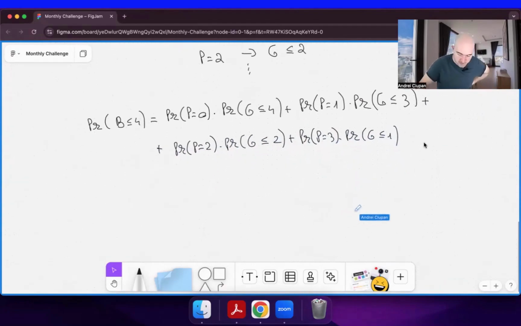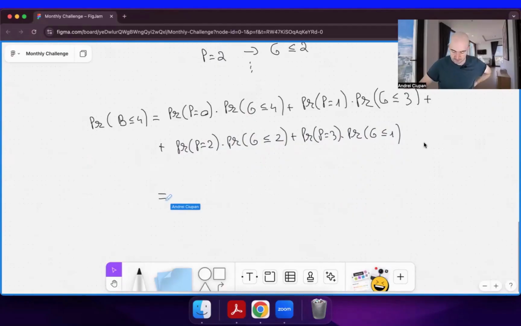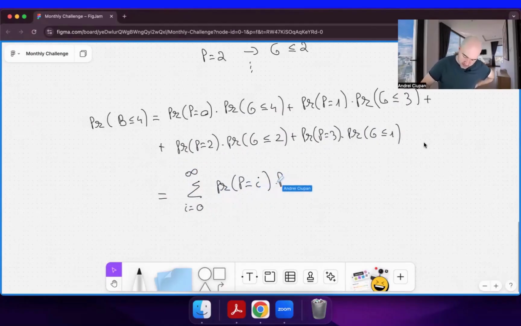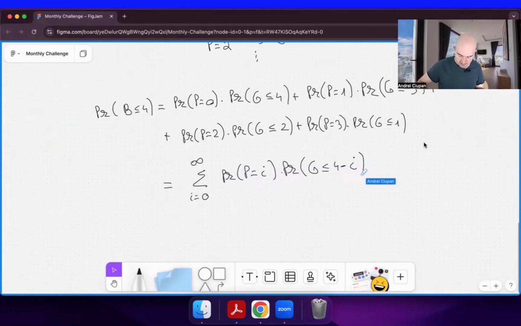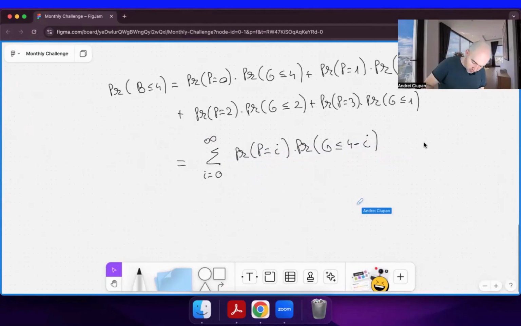In general, we can write this in a nice way. We can write this as the sum where we're counting over the values of the Poisson. When the Poisson is equal to I, necessarily we need G less than or equal to 4 minus I. So we can write this concisely like this. We can even write it in a more concise way.